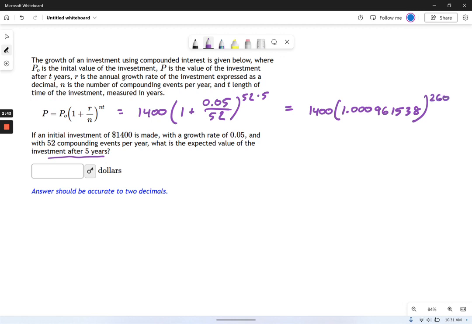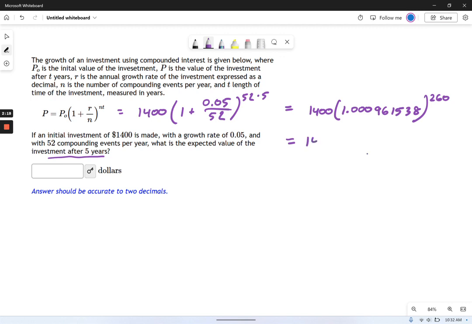And only now am I ready to actually calculate using that exponent. I'm going to take 1.00096 blah, blah, blah to the 260th power. So 1.000961538 to the power of 260, and if you have the answer button on your calculator, that will make this a little easier.